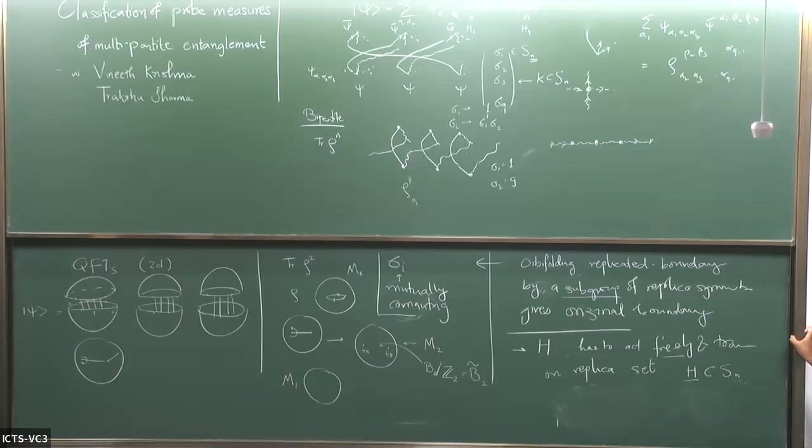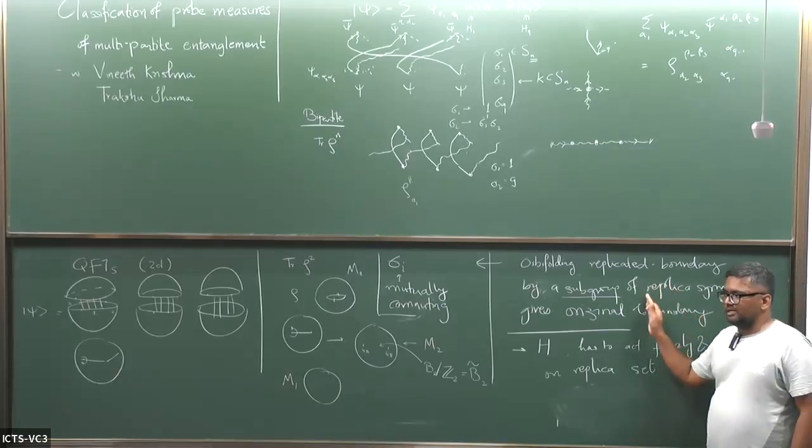And corresponding to that sigma, the corresponding replica symmetry is the thing that commutes with the sigma. It would be bigger than H, but H would certainly be in that as required.